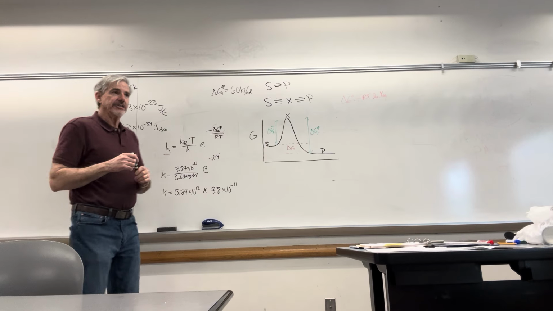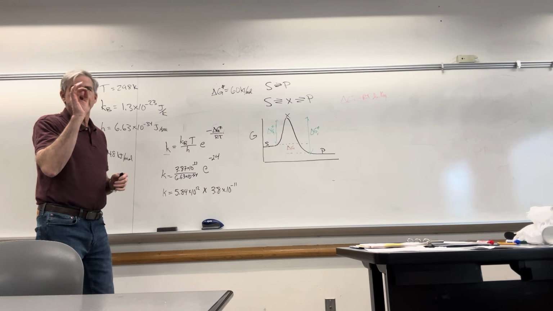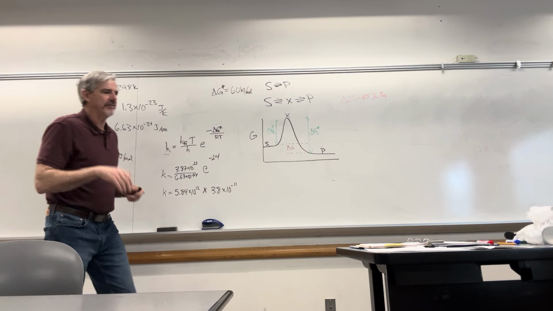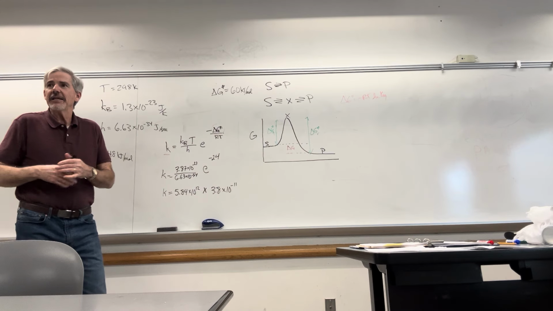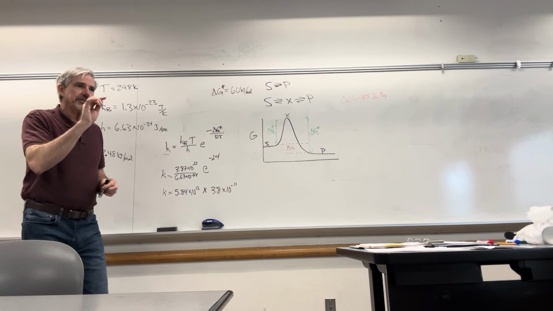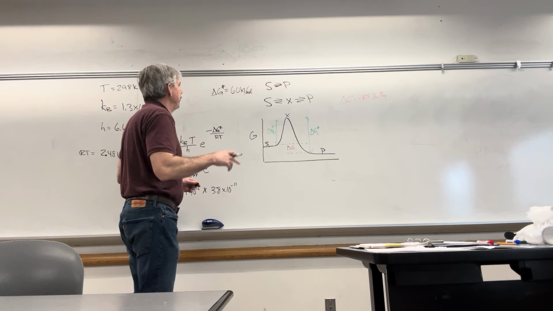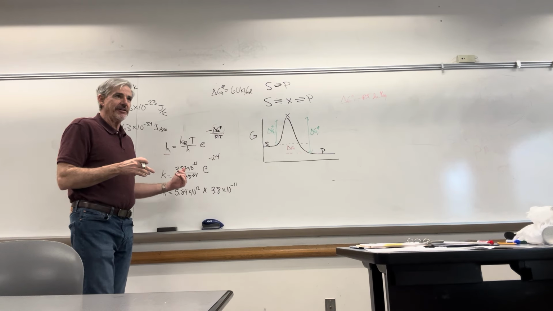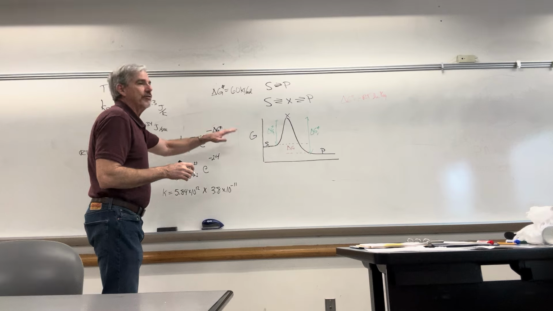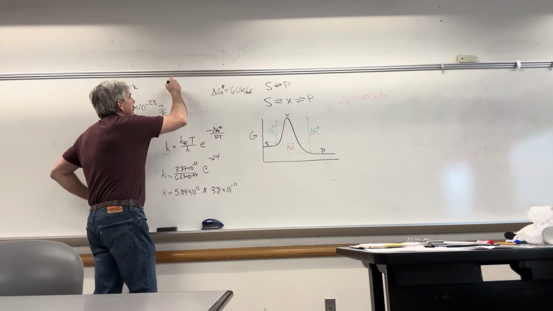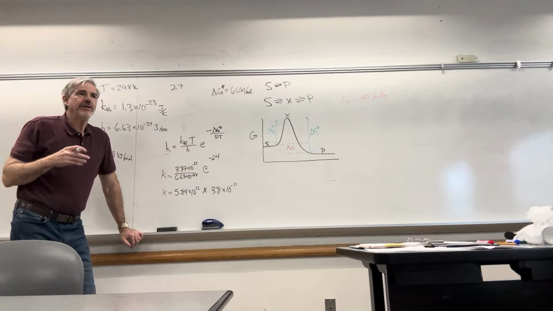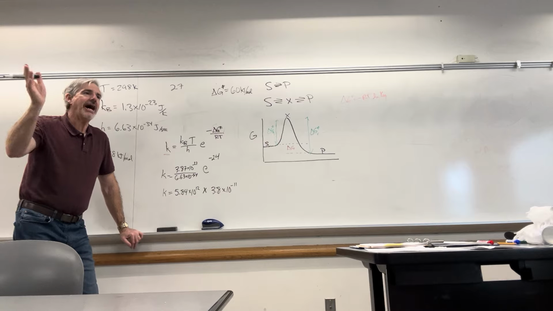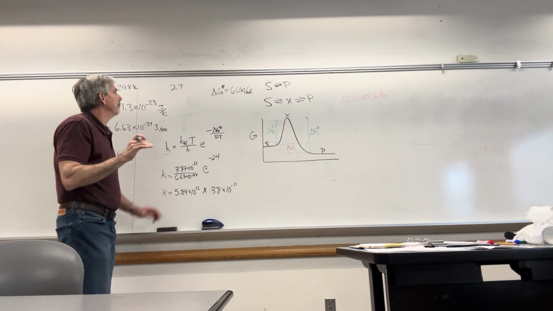Some calculators have a key that is just for e, so some calculators will let you just type in e. If your calculator doesn't do that, we can round the value of e to 2.7. It's like 2.718. It's a number like pi that just goes on forever, but you can round.